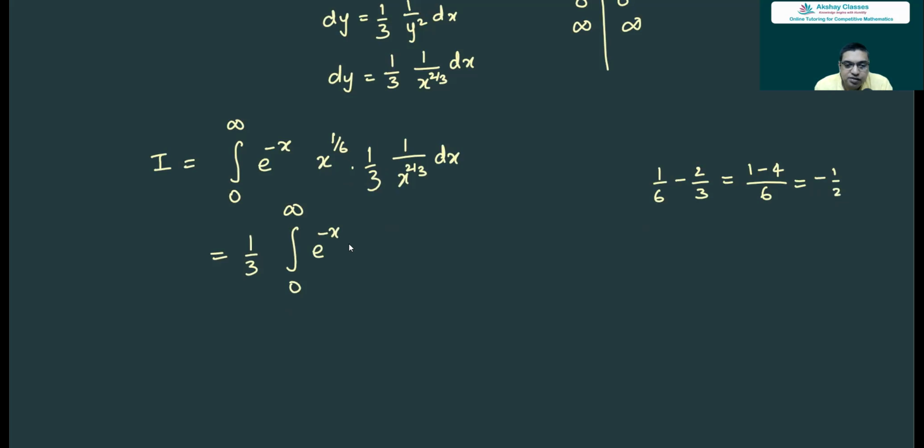This is a very important result. Look at the pattern of the integral: e power minus x, x to the power minus half. So I will write this as e power minus x, x to the power half minus 1 dx.